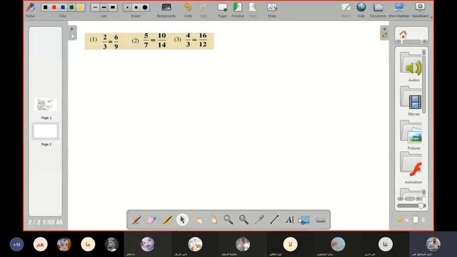Okay, the first one, what do we get, ya Haneen? 2 times 9 like that, and 3 times 6 like that. This is cross multiplying. We get 2 times 9 equal 3 times 6.